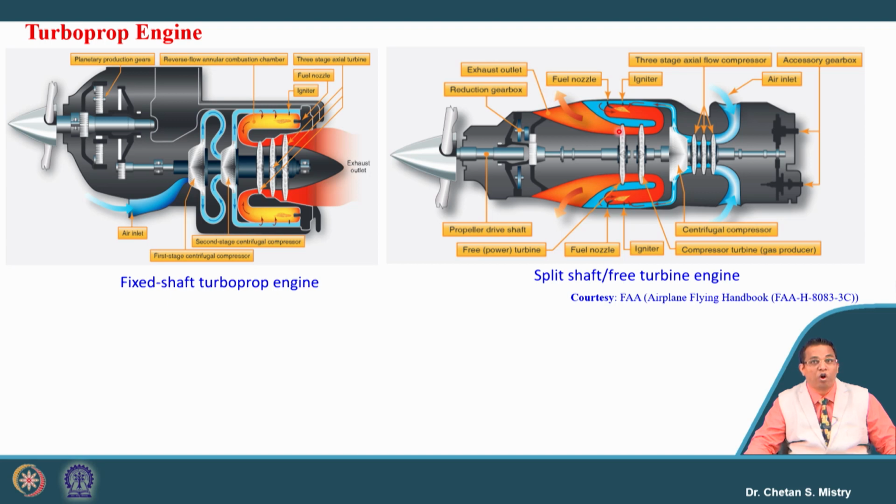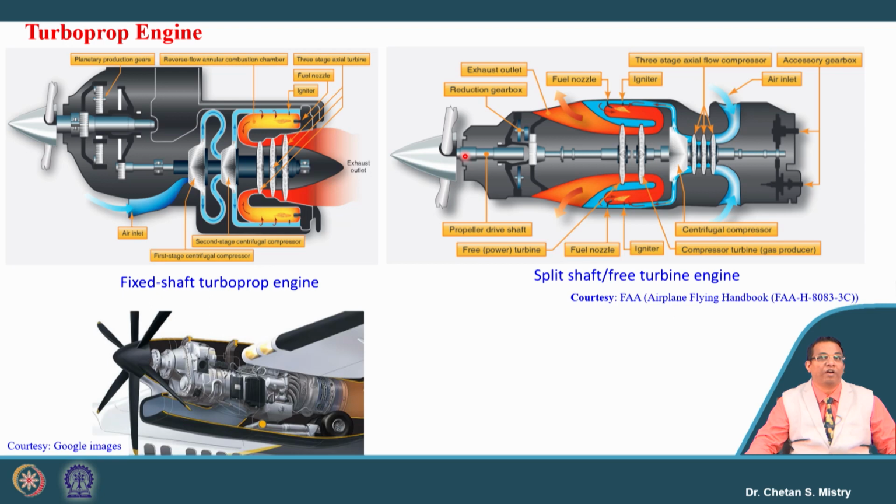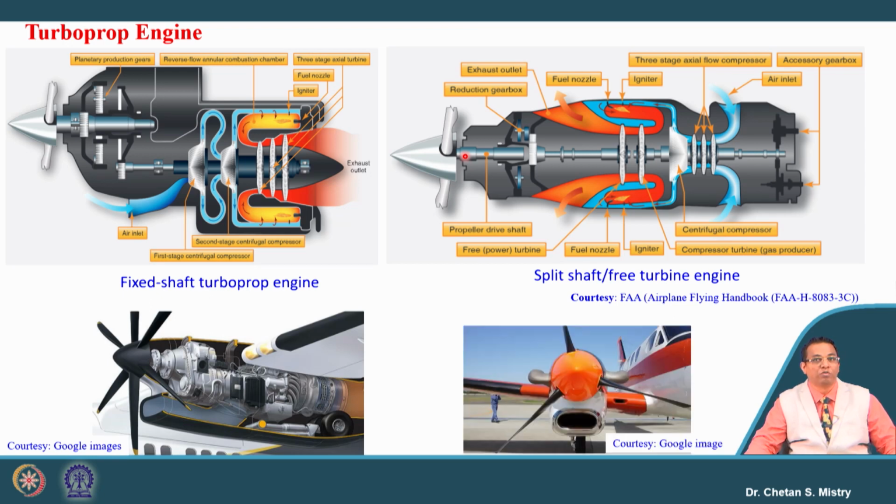But carefully observe that in this case, these two turbines are not connected, they are separate, and that's the reason why it is called split shaft or free turbine configuration. This free turbine is connected with the gearbox, and that is connected with our propeller. So this is the kind of configuration we are having.